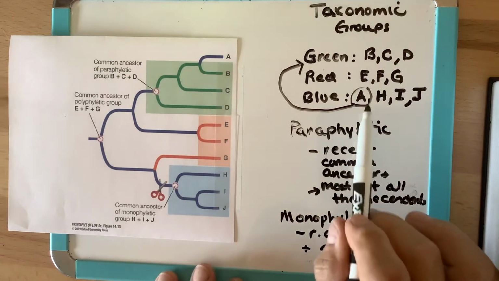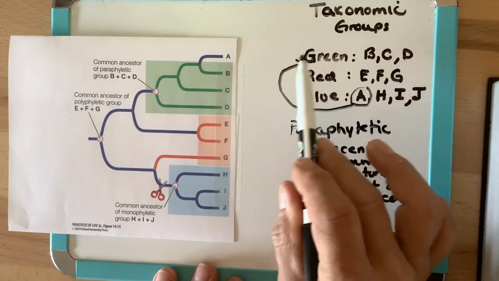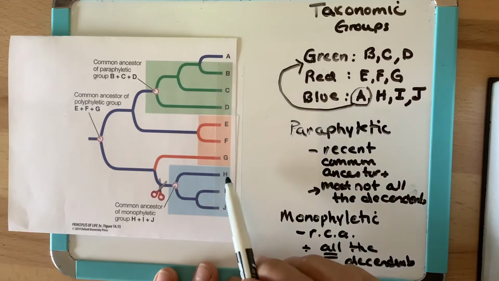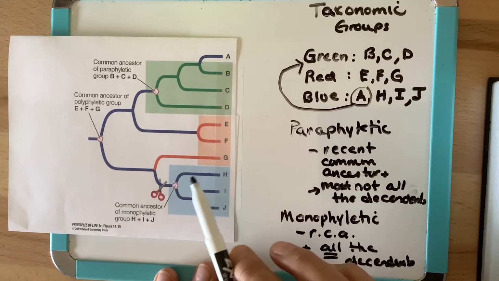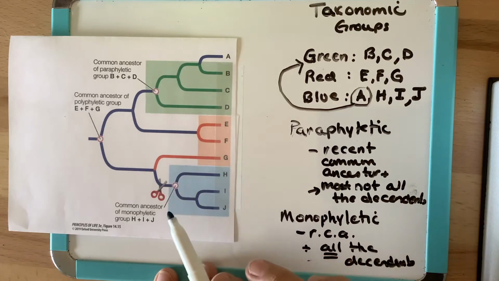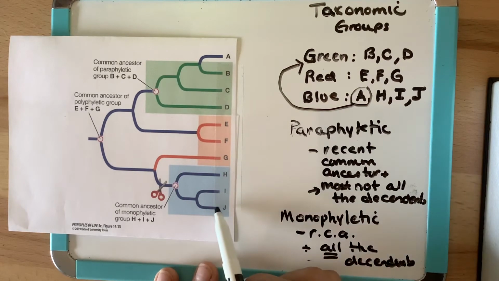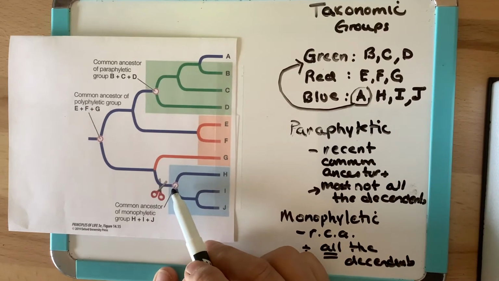Okay, so if we take A out of blue, we put it over here in green, well, look what happens now with blue. The remaining blue taxa form a monophyletic group. So again, we go back in time. Here's the most recent common ancestor.